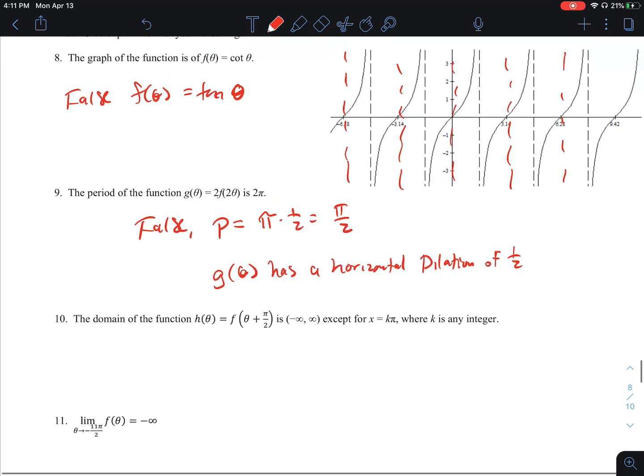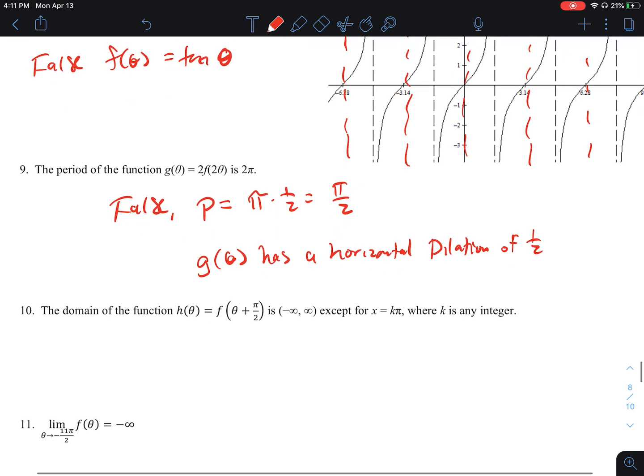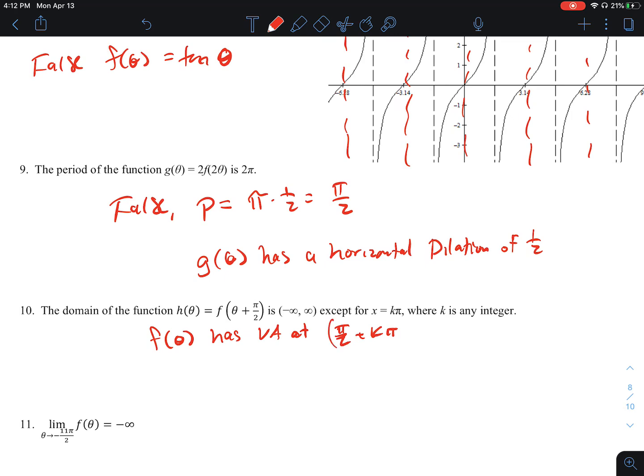Before I did that transformation, f of theta has vertical asymptotes at pi over 2 plus k times pi, where k is any integer.